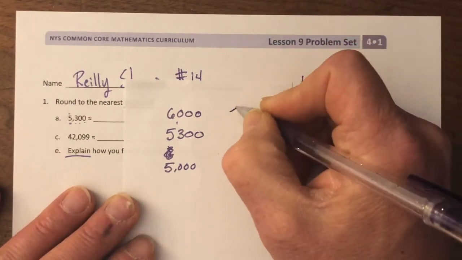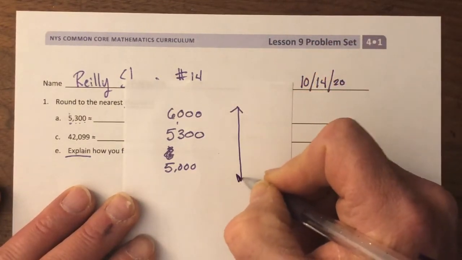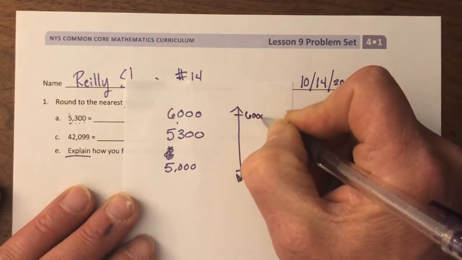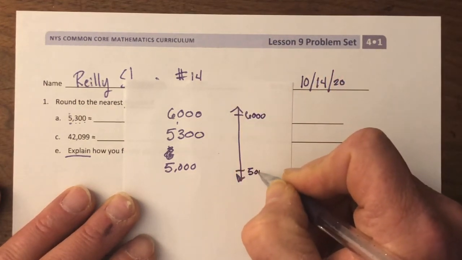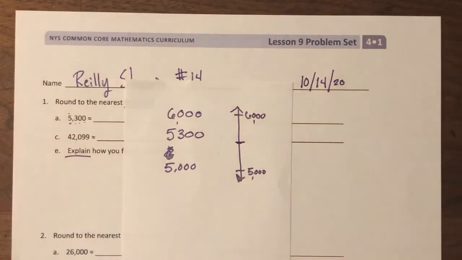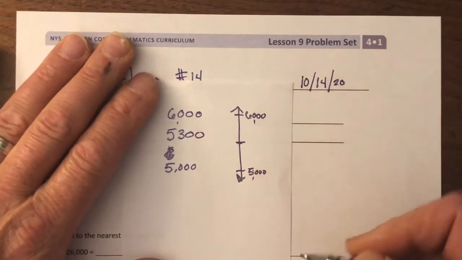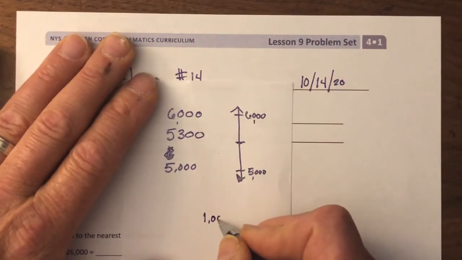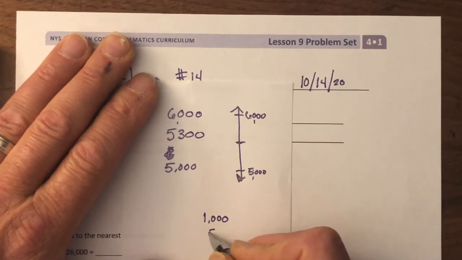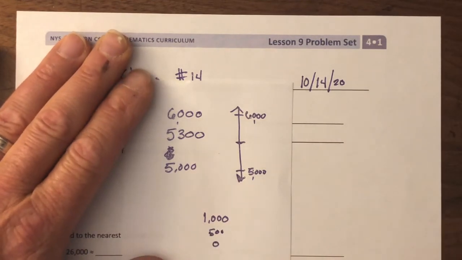So if I look at my number line, which we've been talking about, high number, low number, 6,000, 5,000. I need to know what the halfway point is, okay? You really do. Halfway between 5,000 and 6,000, since we're talking about thousands, halfway between 0 and 1,000 is 500. All right, we should know that by now.